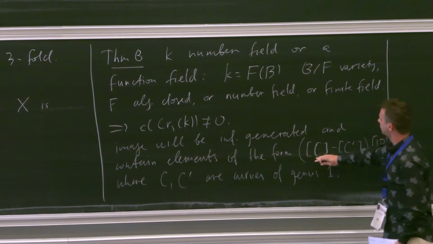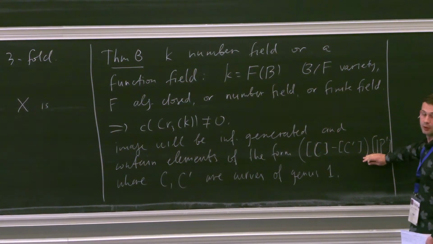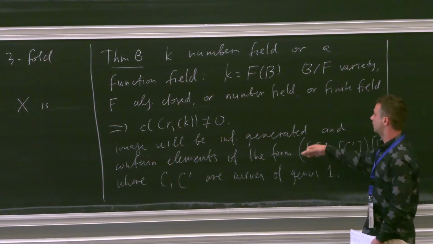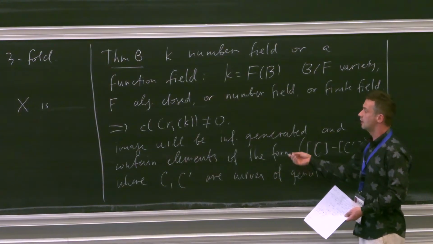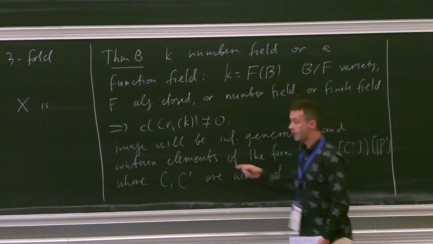So I'm presenting some exceptional divisors eventually. And what I'm saying is that I'm not describing the whole image, but I'm just making a preview of what kind of elements we'll see here. And they will look like this.